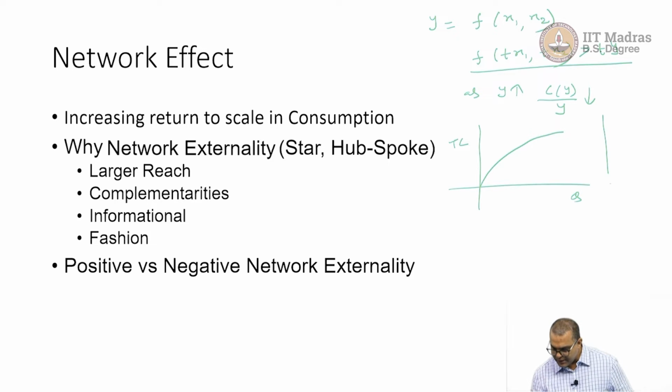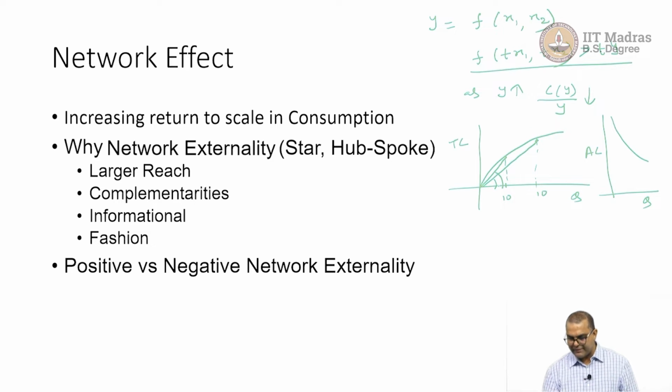Your average cost is going to be falling like this. Let us say if you want to produce, here is 10 and here is 20. This slope is giving you average cost and it is falling.